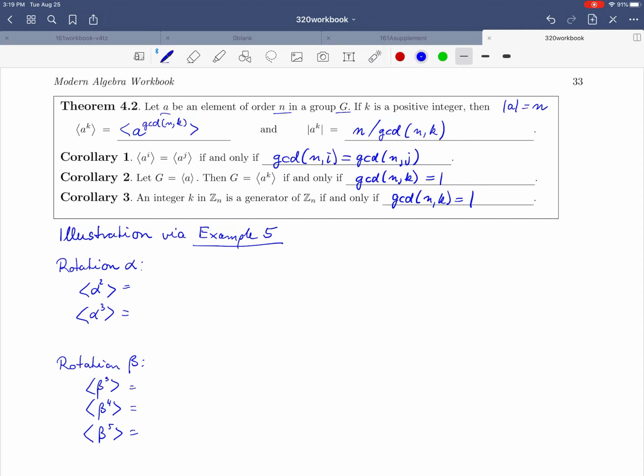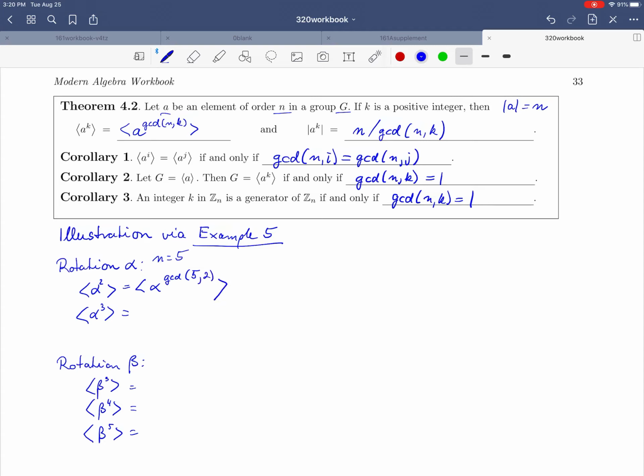Now I promised you to illustrate this theorem using example 5, the rotations of the pentagon and hexagon that we just looked at. According to our theorem, what is the cyclic subgroup generated by alpha squared? That should be the same as alpha raised to the GCD of n and k. Here n is 5 because we're looking at the pentagon, so the order of alpha is 5, and k is 2.